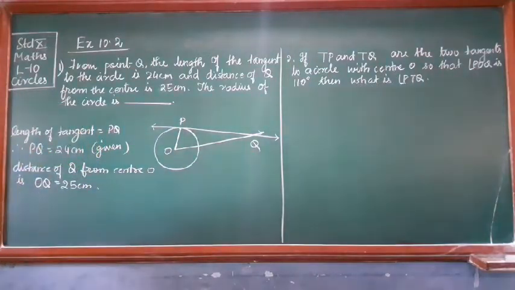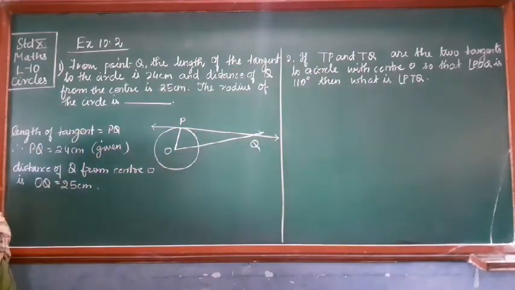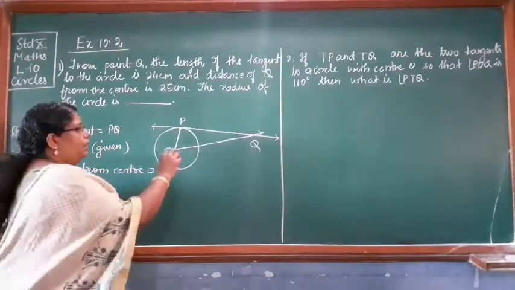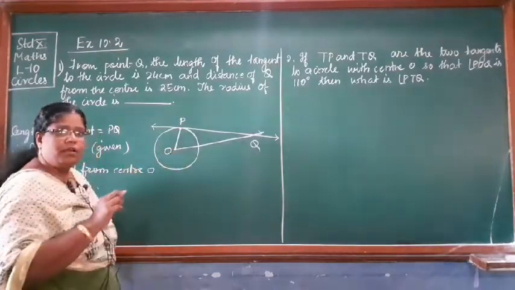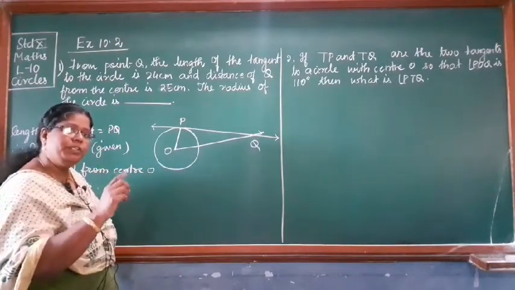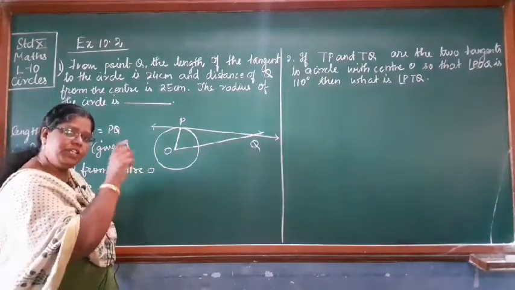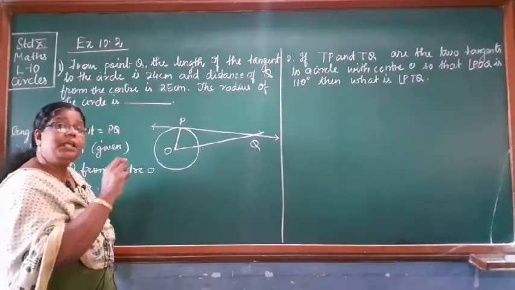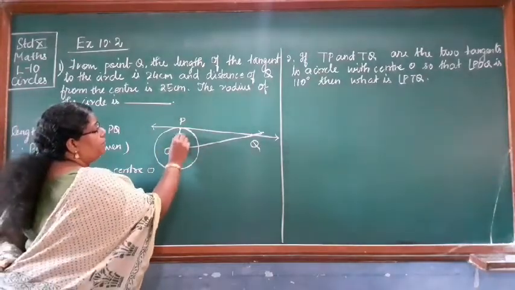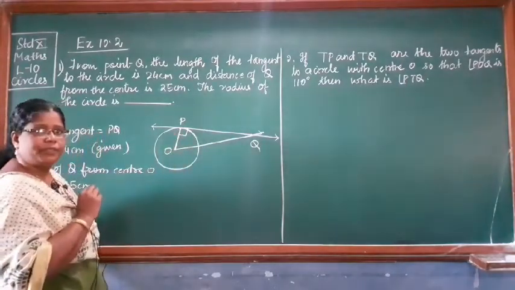You will get. What did Theorem 1 say? Theorem 10.1: if the radius of a circle is passing through the point of contact of the tangent to that circle, then that will be perpendicular. Okay, so that means OP will be perpendicular to PQ.